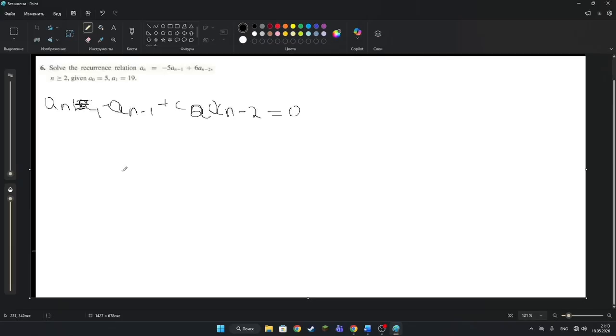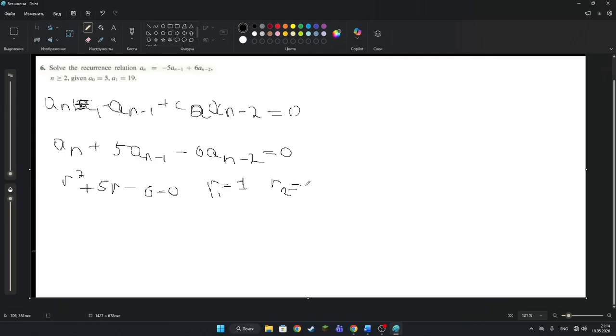So we have an plus 5a(n minus 1) minus 6a(n minus 2) equal to 0. Then we replace an with r squared. Then we have r squared plus 5r minus 6 equal to 0. If we take the solutions from Vieta's theorem, we can say that r1 is 1 and r2 is minus 6.